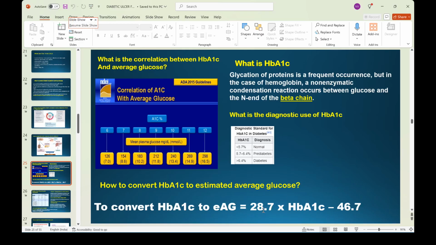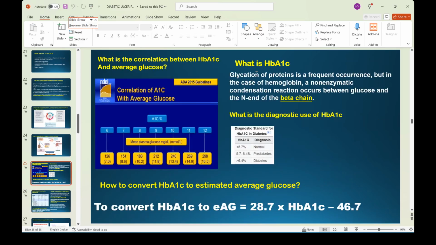HbA1c multiplied by 28.7, and from the product of this multiplication, you subtract 46.7. Then you get the average blood glucose. You can easily remember the decimal point is 0.7 in both. One is 28, another is 46.